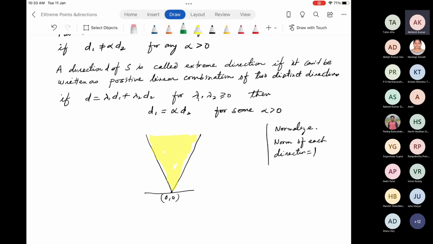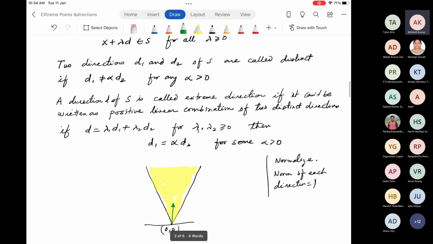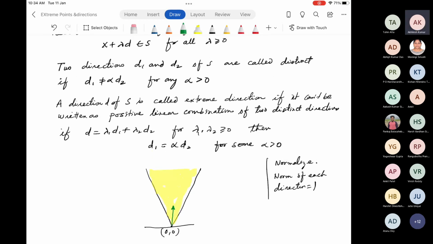So if you look at it, if I move in this direction of this convex set, will it satisfy your x plus lambda d or not? Whatever that direction is. Yes, sir. Now let me draw some more directions.